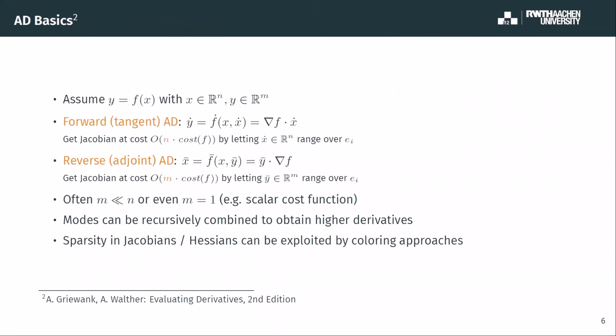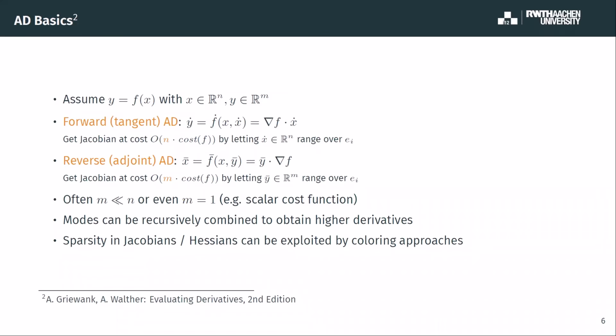Okay, then let's quickly reiterate what the modes of AD are. Again, think about it as a magic black box. We don't want to discuss here how we come up with these modes, but what they allow you to do, in forward mode or tangent mode, is to calculate a product between an arbitrarily chosen vector from the input space dimension and your Jacobian. So if you need a full Jacobian, you have to do that n times.